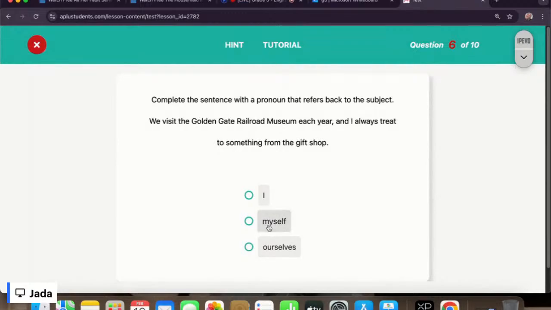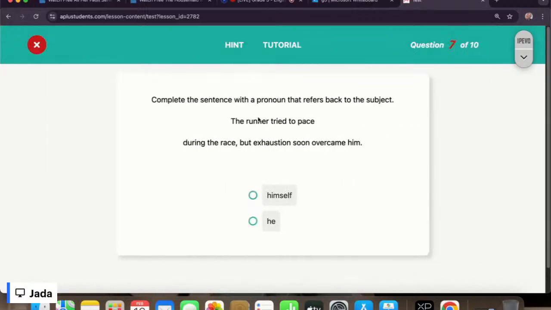All right. I think you notice the time that I usually end, right? Then the runner tried to pace dash during the race, but exhaustion soon overcame him. Himself or he?